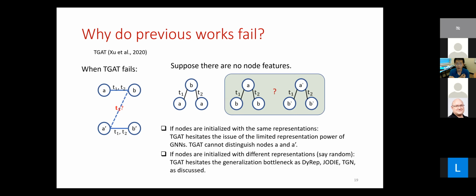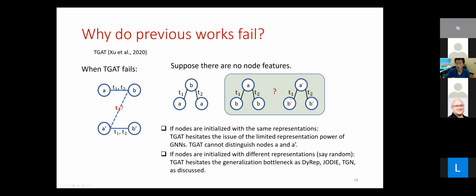But unfortunately, if you use the TGAT model, it essentially cannot distinguish A and A prime. Here I draw the figure of potential sampled neighbors based on TGAT. If you have node A and sample its history neighbors, you have B here, because there are two links, so you get this graph structure.